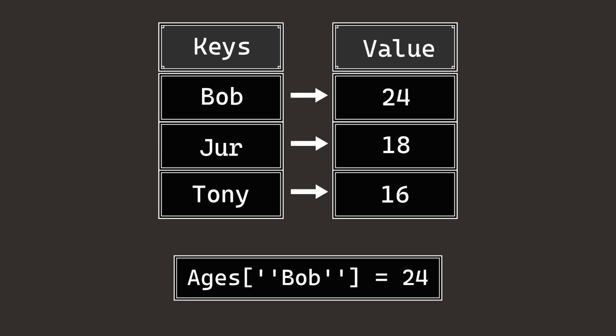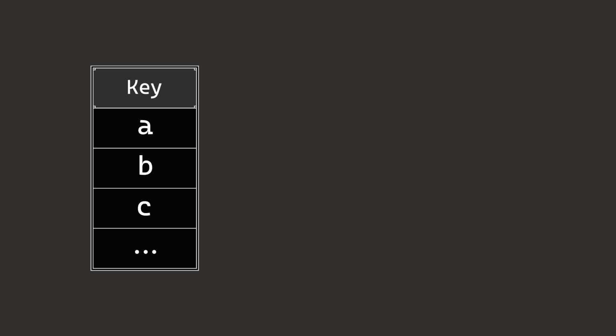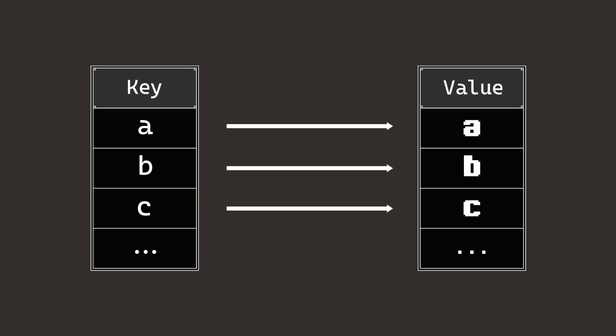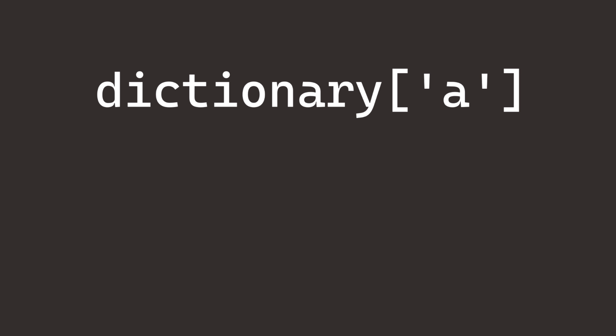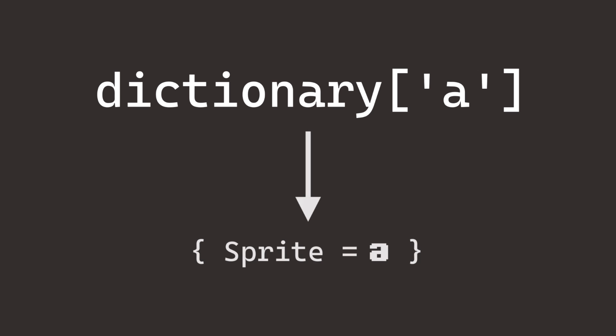If you're unfamiliar with this data structure, you can think of it as a table with two columns where each element in the left column points to an element in the right column. For our use case, the keys will be the type char or character, and the value will be the structure containing the sprite of this character. That way, when we use the character A as a key in the dictionary, it returns a structure containing the sprite of the letter A.